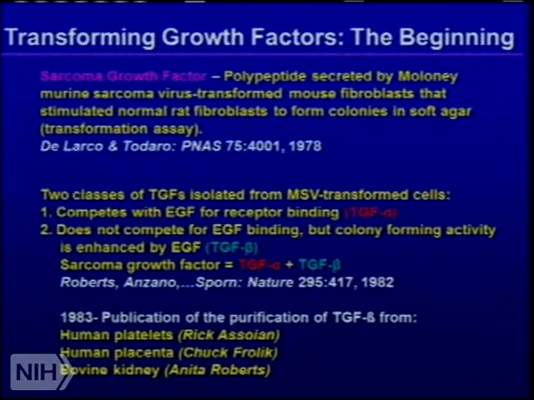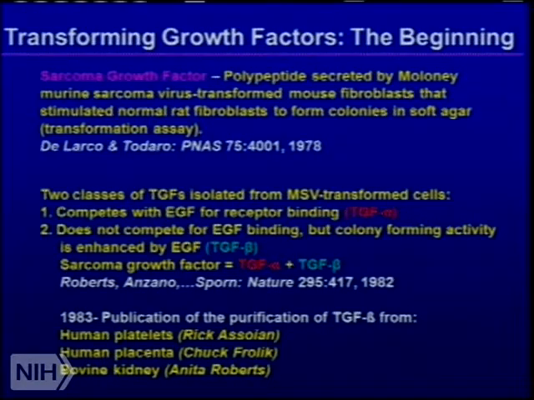this growth factor. Two classes of TGF have been isolated from Maloney sarcoma virus transformed cells. One class was shown to be able to compete with epidermal growth factor, EGF, for receptor binding, and this class was called TGF-alpha. Another class was found to not compete for EGF binding, but to be able to form colonies that could be enhanced by the application of EGF.